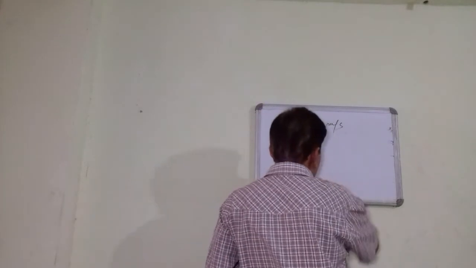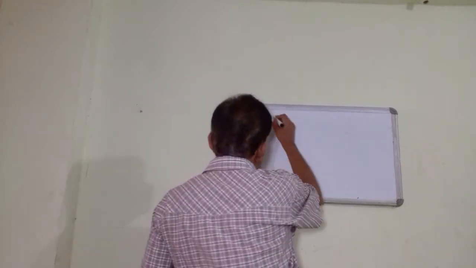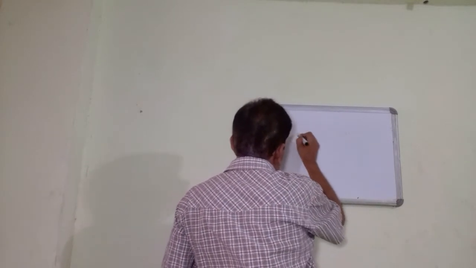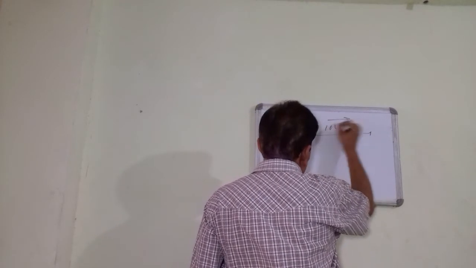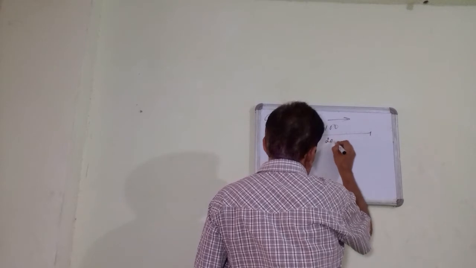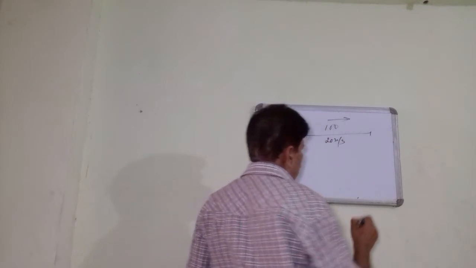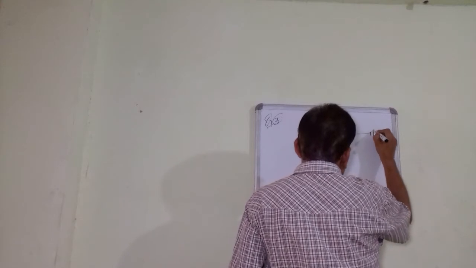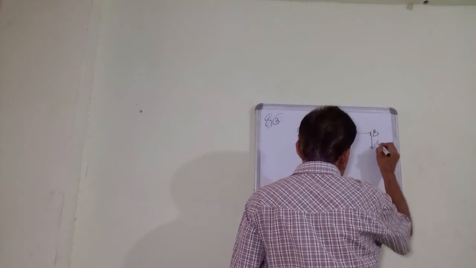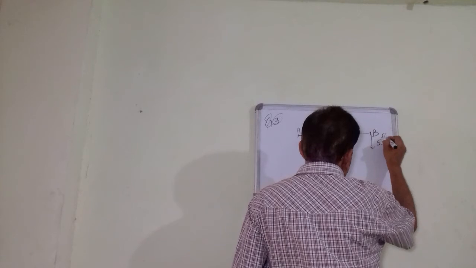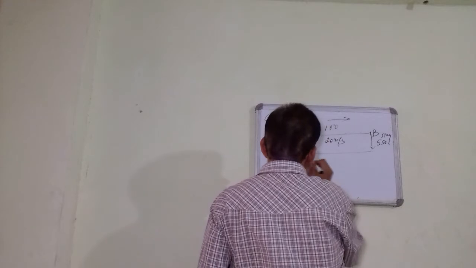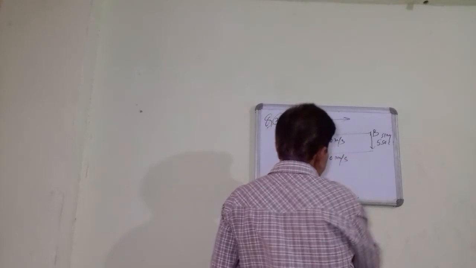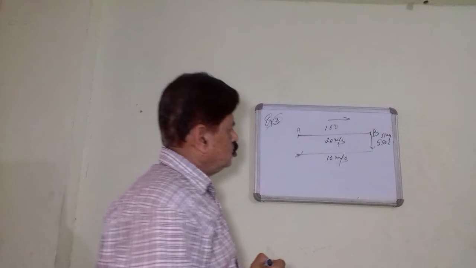Next, an important question is here. Suppose a body moves 100 meter in one direction with a speed of 20 meter per second. After staying for 5 seconds, it returns back with a speed of 10 meter per second through the same path.